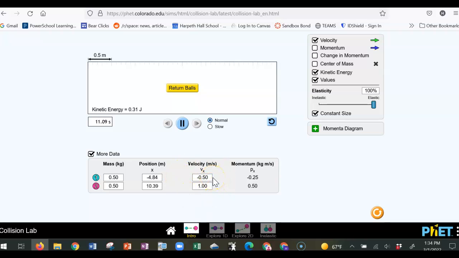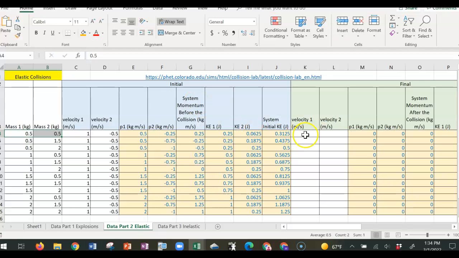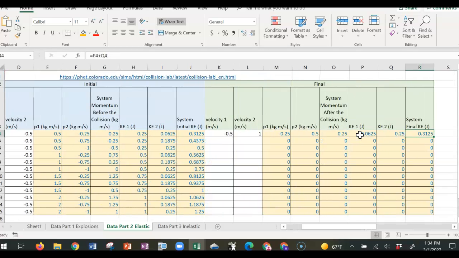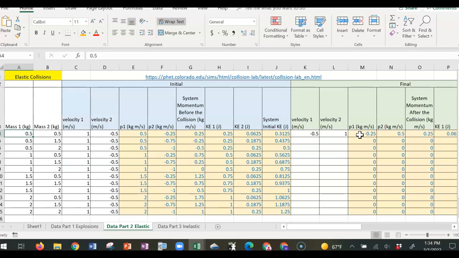Negative 0.5 for sphere 1 and 1 for sphere 2. Okay, so I'm going to go put those in. Negative 0.5 and 1 were the velocities of the two spheres after the collision. I've entered those in my table. By the way, the table then calculates the momentum after the collision and the kinetic energy after the collision. Okay, so that's how I will get data.